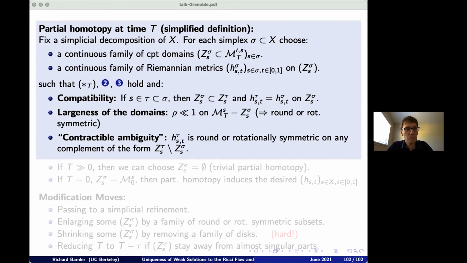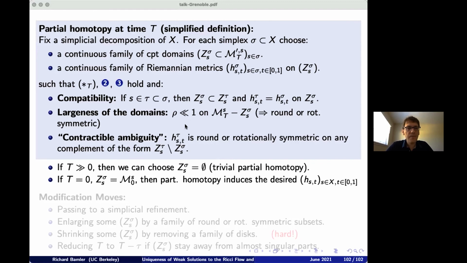So this is essentially the definition of a partial homotopy. Now it shouldn't be too hard to see that we have these two important properties. First of all, if T is chosen very large, so that all these are empty, then we can just choose all the C sigma S to be empty. This is just the trivial partial homotopy. So for large T, there is always a partial homotopy at time T. And if T is equal to 0, then this condition means that C sigma S has to be M S 0, because we assume at time 0 that the curvature is bounded by some constant.